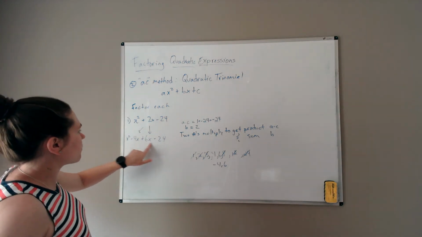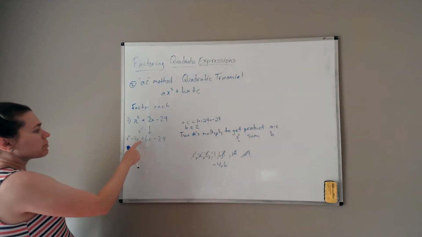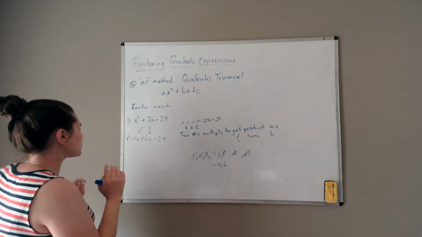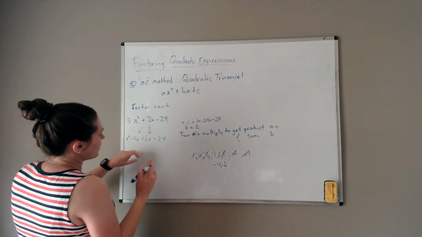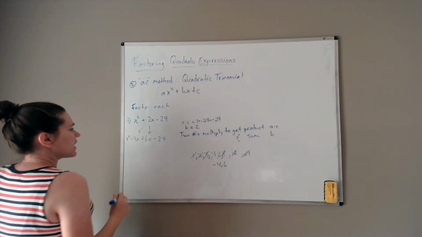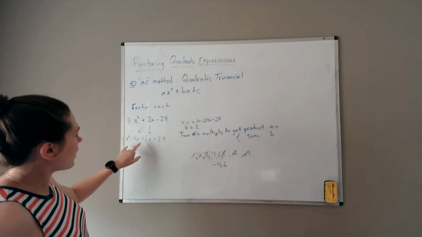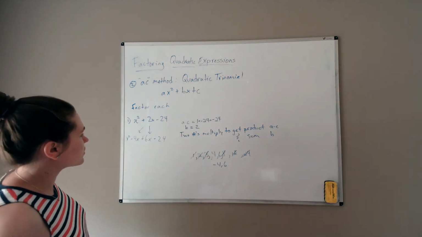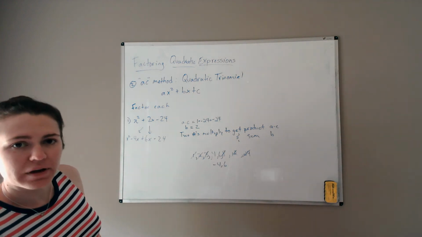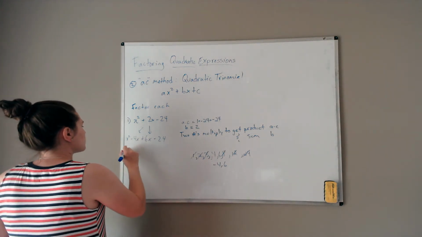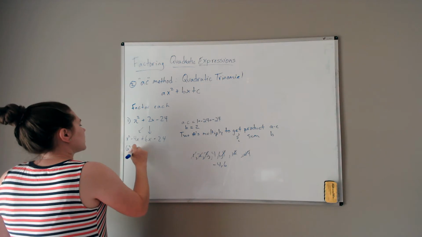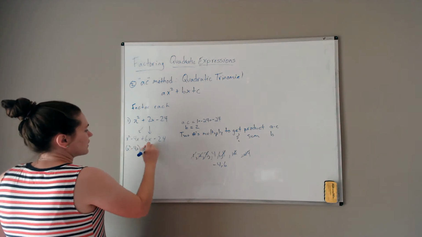But what we want is 4 terms. You always want a plus sign between them. So the next thing you do, once you have broken it up and now have 4 terms, is something called factor by grouping. You take the first 2 and you group them together. Now you always make sure you have a plus sign there.